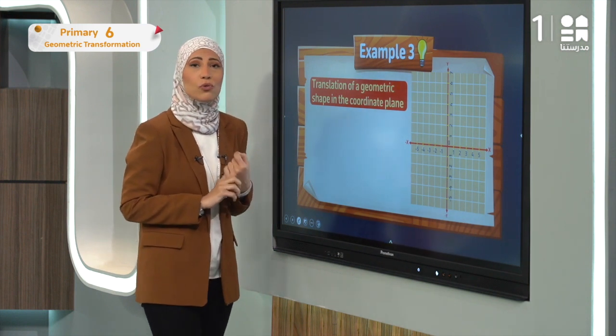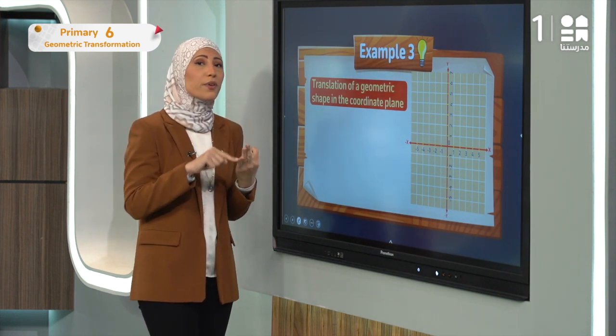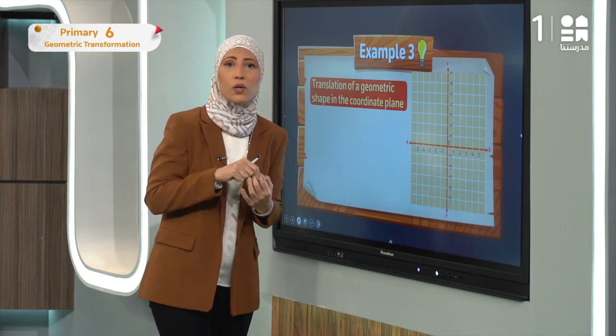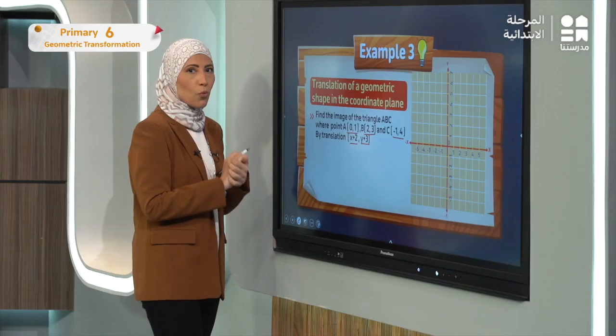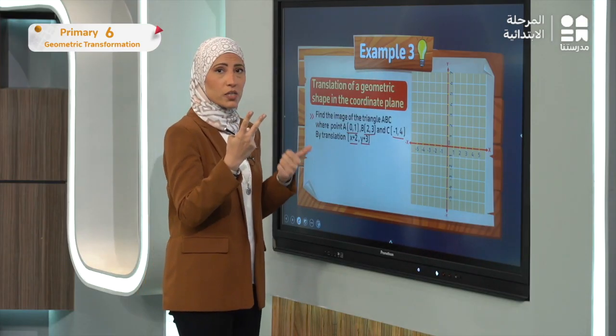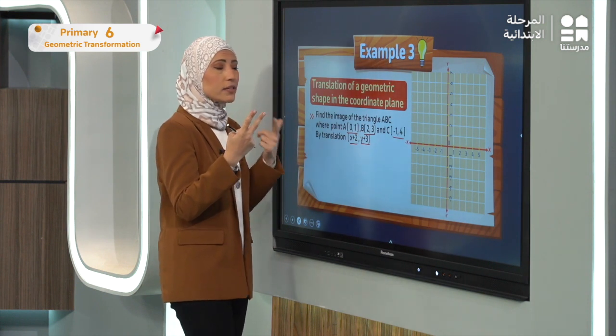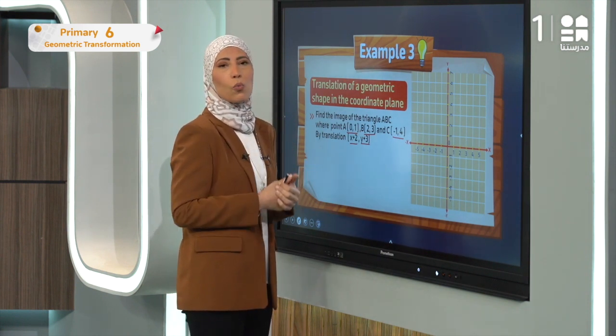So I will have to find my images for my 3 points. لازم اطلع الامج بتاعت 3 points بتاعتي. طيب اول point اول اشوف البوينتس بتاعتي. بيقول لي find the image of the triangle ABC where point A is 0, 1, B is 2, 3 and C is negative 1, 4. يبقى انا دلوقتي هو already مديني البوينتس. طيب الترانسليشن بتاعتي plus 2 and plus 3. So I will go to move 2 positive in the x-axis and adding 3 to the y-axis.